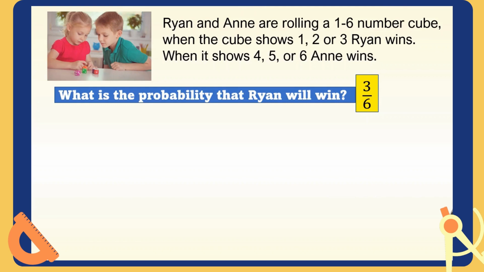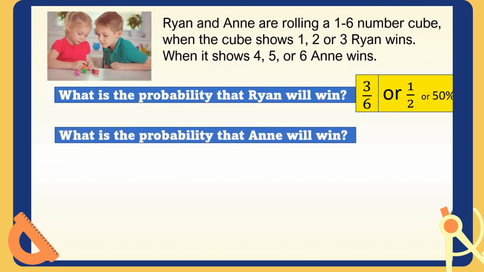Okay? At merong 1 to 6 na number. So kung yung 1, 2, 3 ang lalabas, mananalo si Ryan. Kaya ang tsansa nito ay 3/6, or 1/2 or 50%. Meaning, may 50% na mananalo si Ryan.